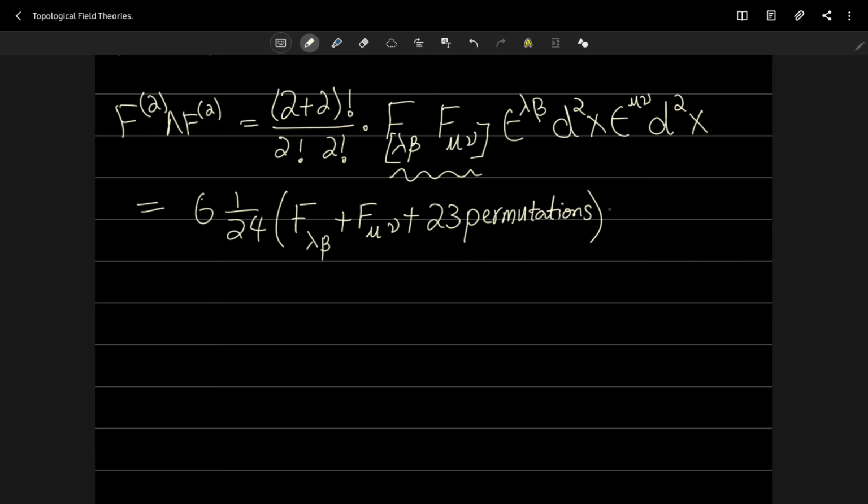Then we would have epsilon lambda beta d2x, epsilon mu nu d2x.